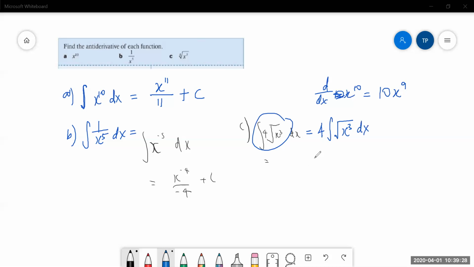Mm-hmm. Okay, square root x to the power of 3. So square roots, fractions, and decimals are things that we don't really like. So we want to change it into index form. How do we change the square root into index form? Into a fraction.